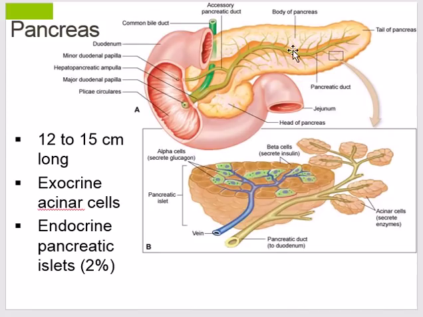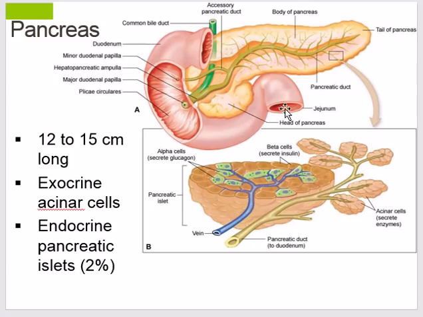And contents of what's produced in the pancreas can empty directly into the pancreatic duct, and can empty into the small intestine through the major duodenal papillae. So when we need certain substances, it can be released this way. There's also a minor duodenal papillae where the accessory pancreatic duct enters into the small intestine as well.